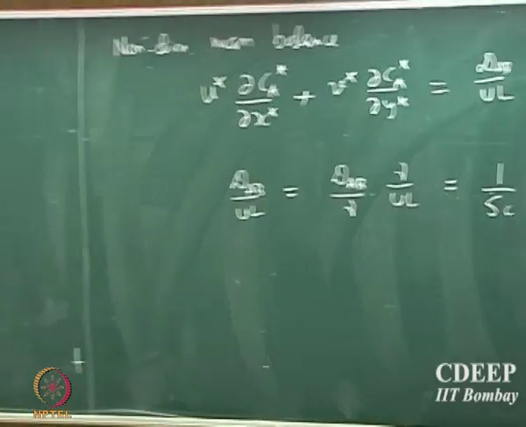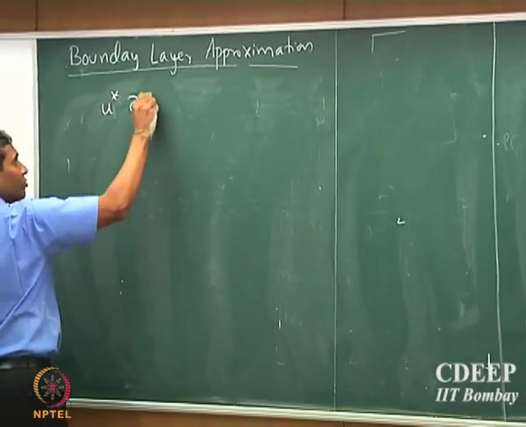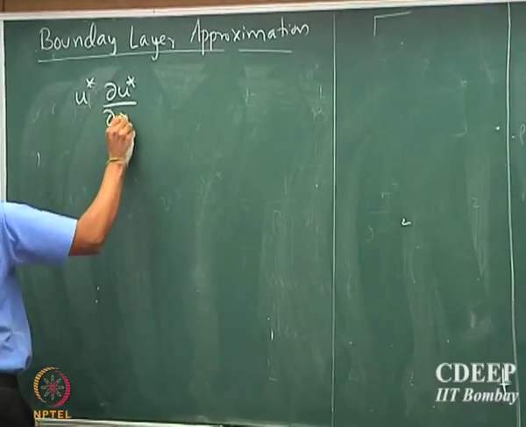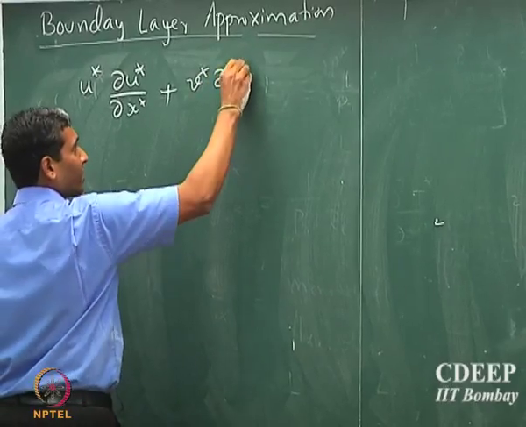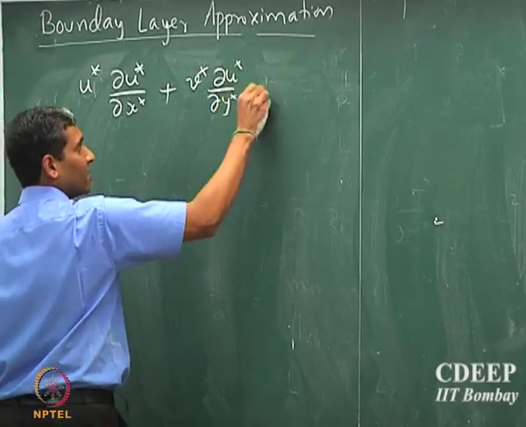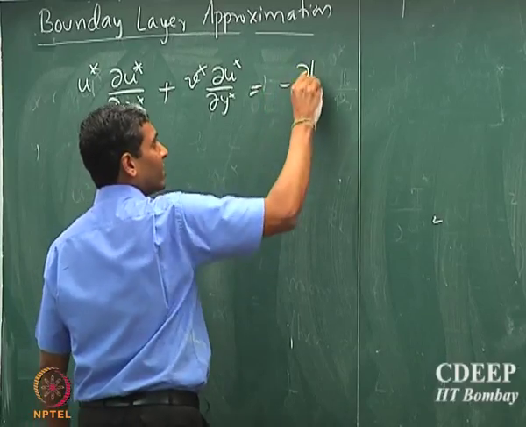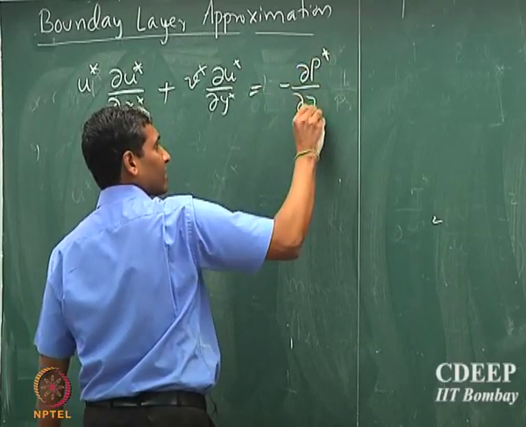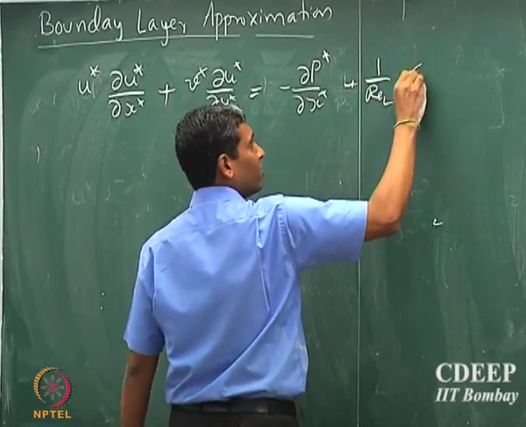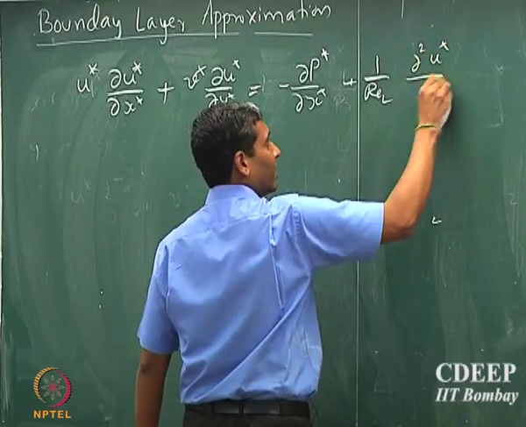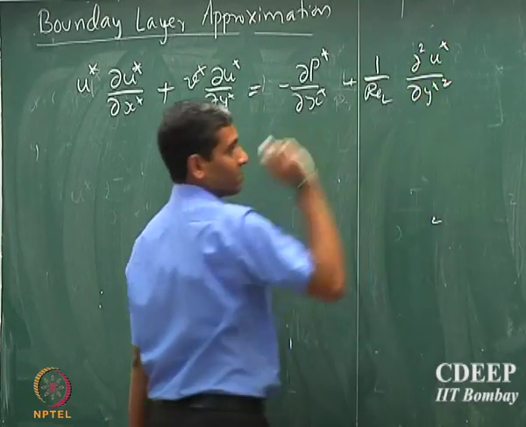So if you see the momentum balance, it's u star du star by dx star plus v star du star by dy star, that's equal to minus dp star by dx star plus 1 by Reynolds number into d square u star by dy star square. Okay.